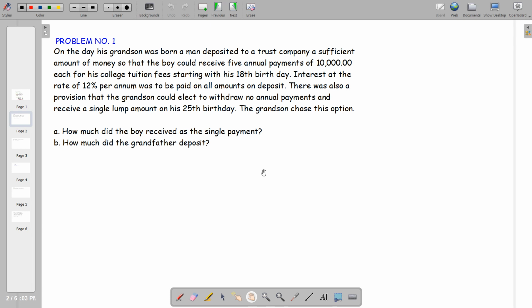And the grandson actually chose this option. So what is that amount that he received on his 25th birthday? And letter B, how much did the grandfather deposit?